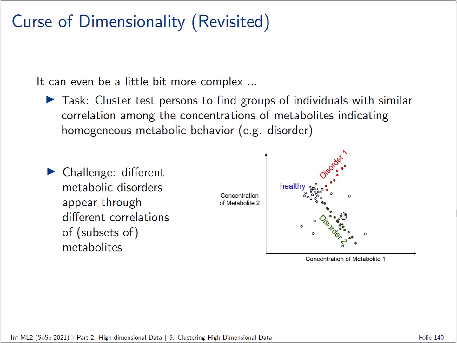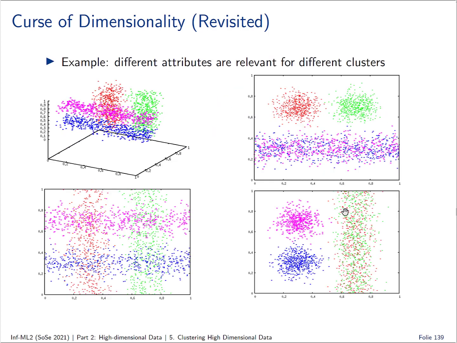So here now, and look, this looks a little bit different from this one here, pretty much the same, but what is the difference? Well, here the whole thing, the relevant things are axis parallel. So the projections we need to find in order to find the patterns are just projections of existing axes, axis parallel projections.